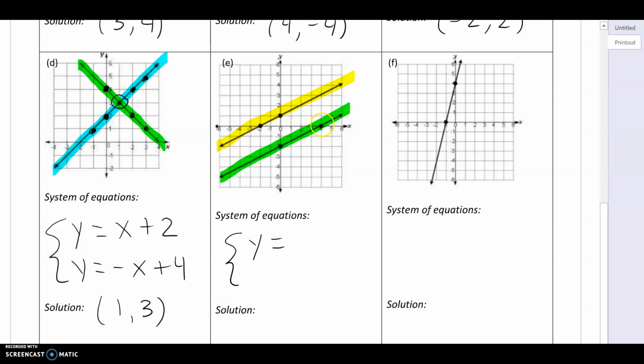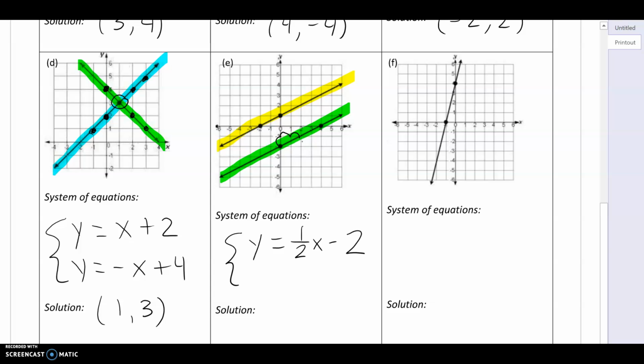2, 3, 4. So I can actually simplify that to up 1 over 2, x plus negative 2, or just minus 2. Because again, I'm going up 1 over 2 for the slope, and then the y-intercept's at negative 2.